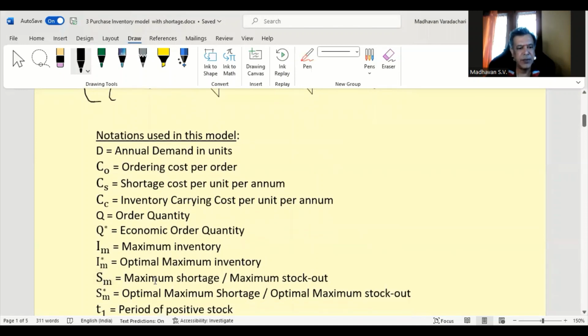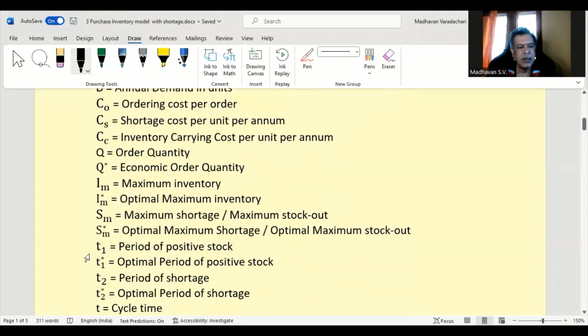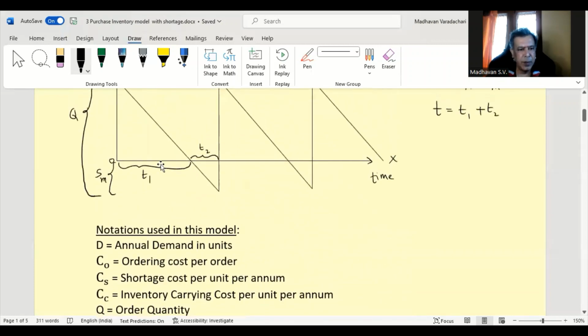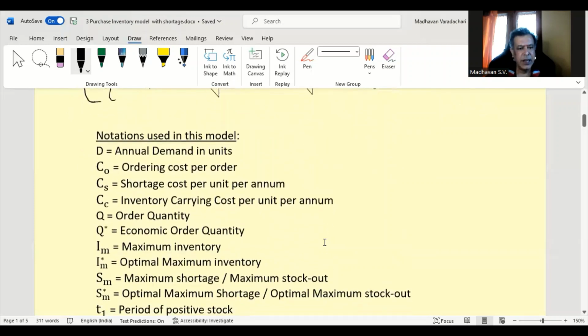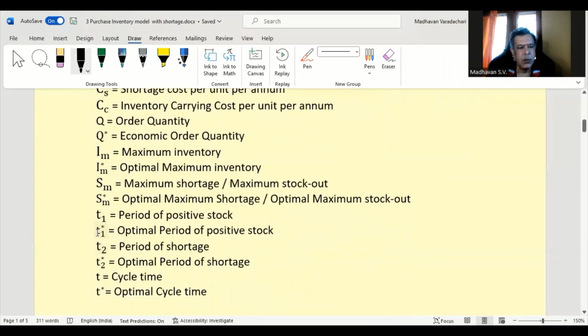SM is the maximum shortage or maximum stock out quantity, and SM star is the optimal maximum shortage. T1 is the period of positive stock, where the inventory is getting consumed, and T1 star is the optimal period of positive stock.